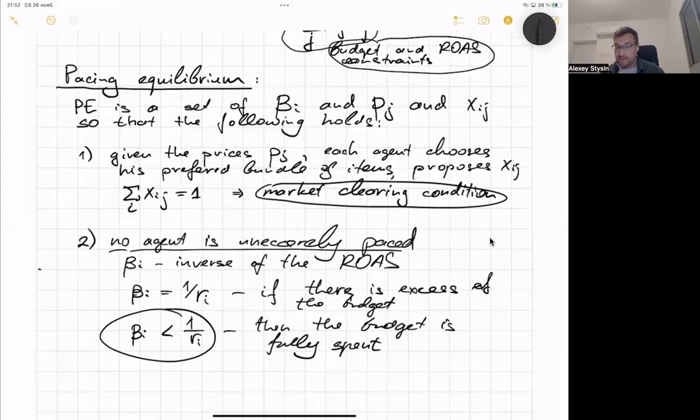So this is the definition of the pacing equilibrium. We are choosing these Bi's. Basically, when we have chosen the Bi's, we automatically get the Pj's, because remember that Pj's are just the maximum bid, and the bid is proportional to values times these multipliers Bi's. And given the Pj's, we get the allocation Xij in the way that all the bidders actually choose their most preferred bundle of items.